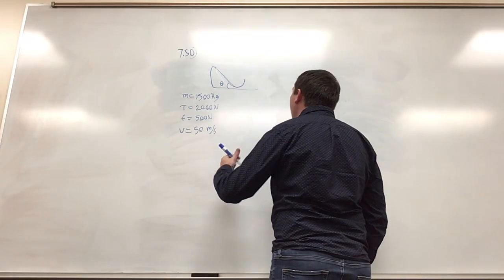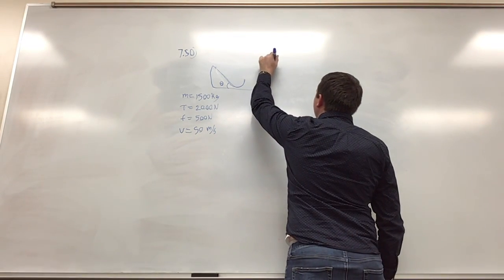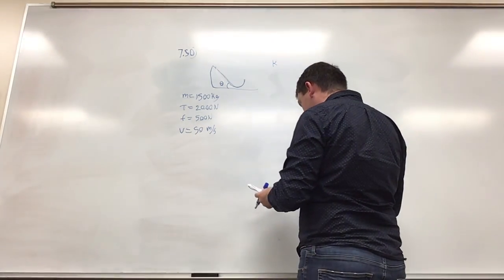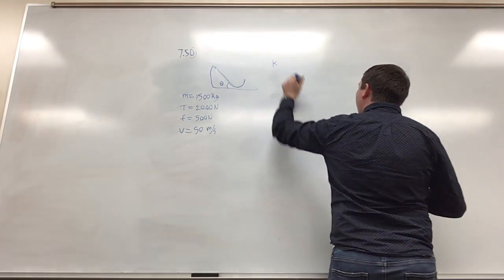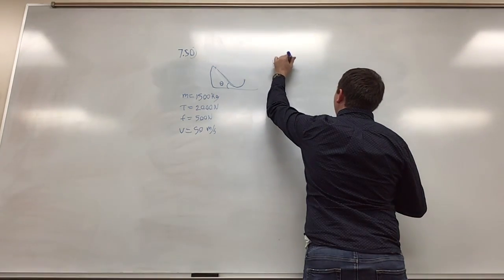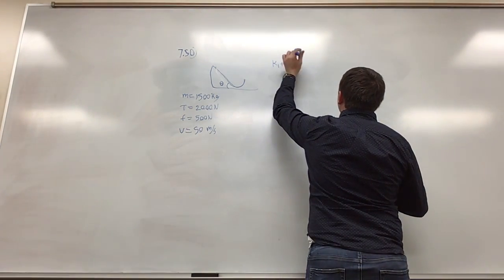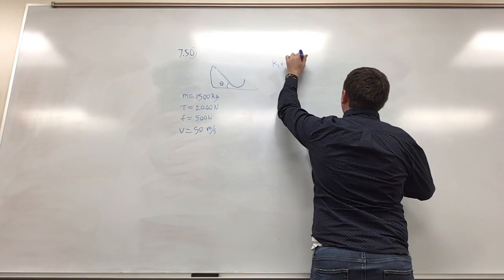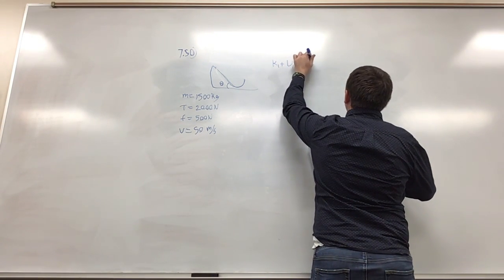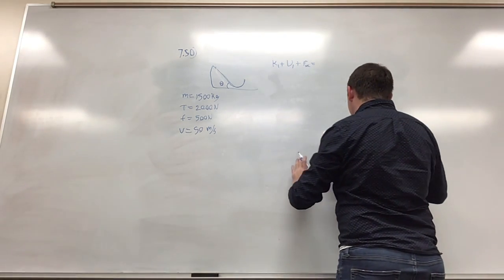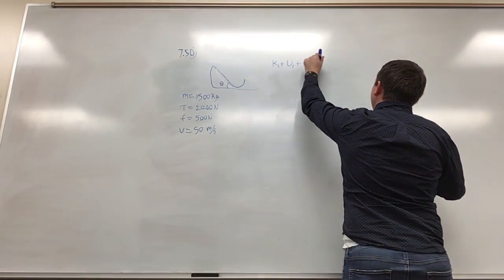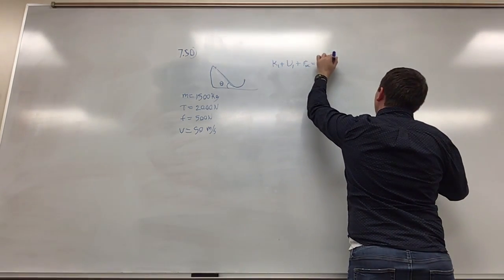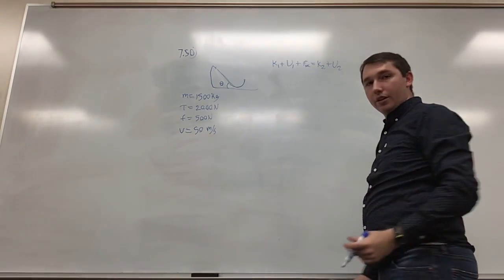So we know that the initial kinetic energy plus the potential energy plus the non-conservative forces, non-conservative work, has to be equal to the second kinetic energy plus the second potential energy.